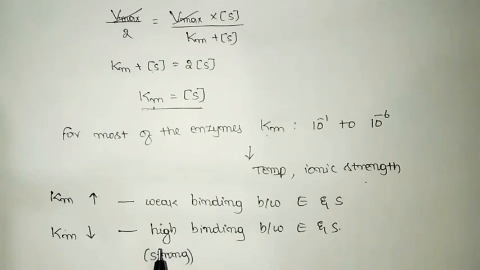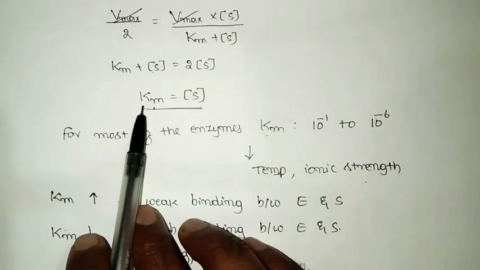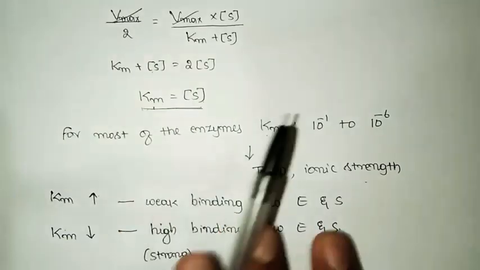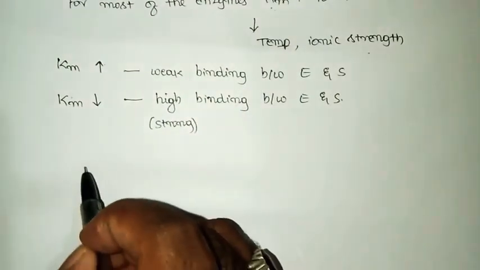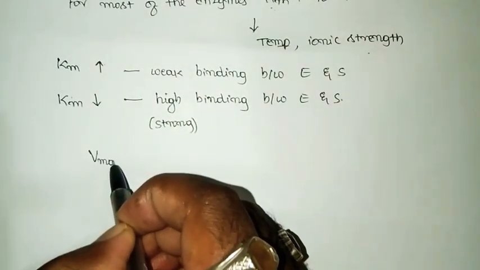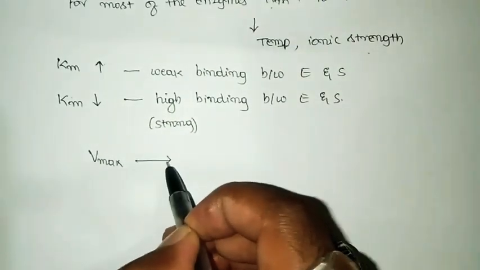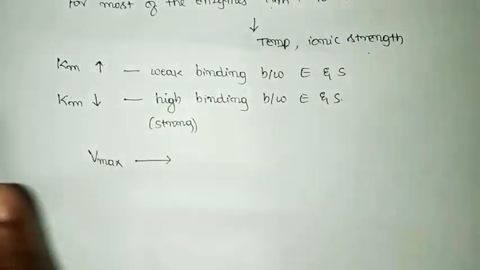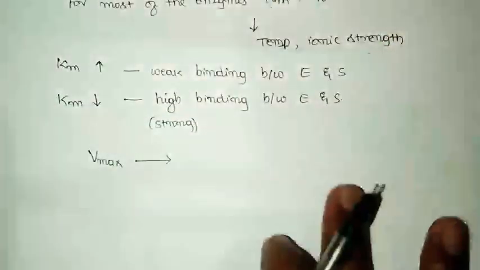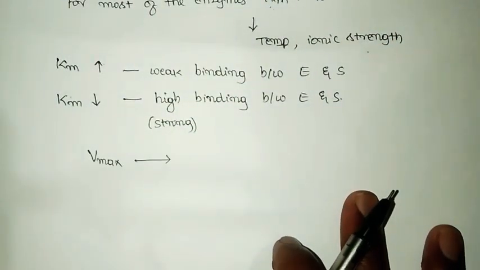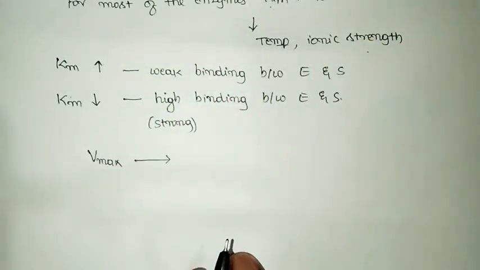And we said the Km will be equal to the substrate concentration when the velocity is exactly equal to half of the maximum velocity. And what does this Vmax indicate? This maximum velocity accounts for the complete occupation of the enzyme by the substrate molecule. That means the maximum product formation will occur.